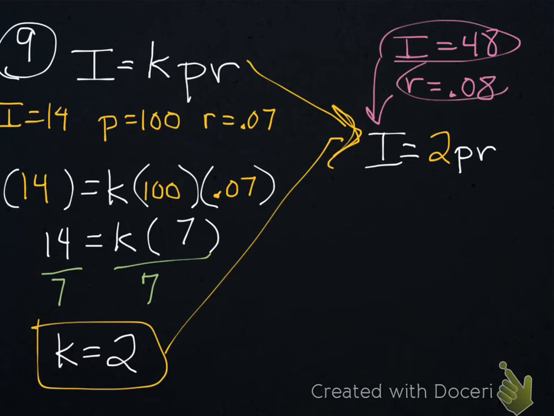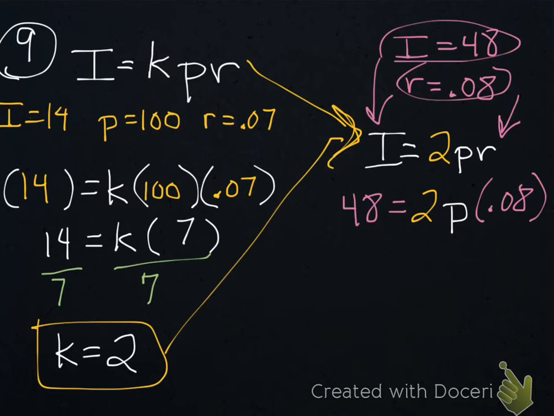Now I can plug in my criteria. So I've got an I and I've got R. So I is 48. I still have my 2. I still have my P. And now I have an R value of 0.08. Now remember, you can multiply the 2 times the 0.08 to simplify. So we're going to have 48 equals 0.16 times P when we multiply those two.